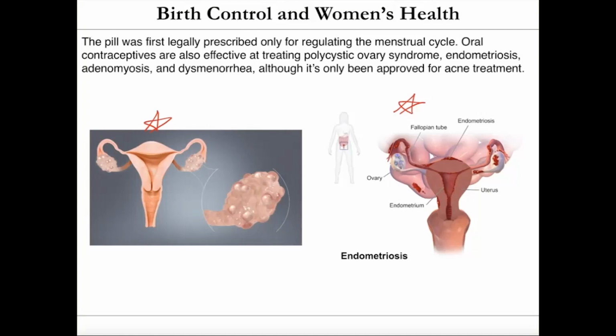Although the only off-target effect that it's actually been approved for is acne treatment. So birth control also treats acne. There's a lot of different things that women regularly had to deal with that did not have a really safe and effective treatment, and birth control provided a way to alleviate these types of syndromes.